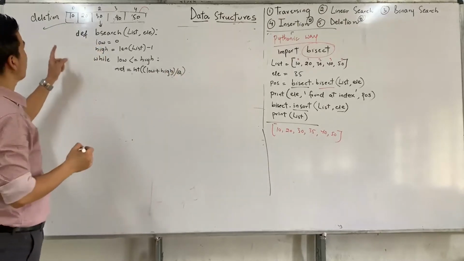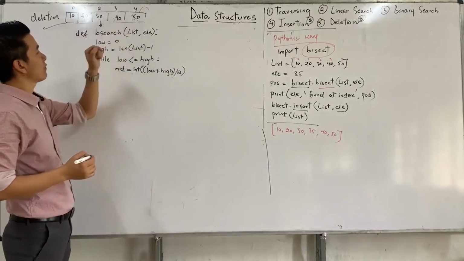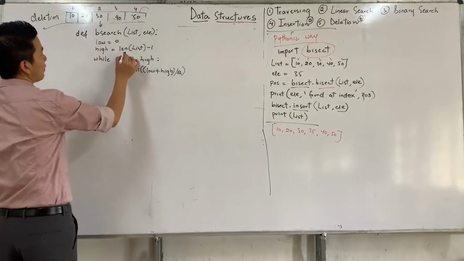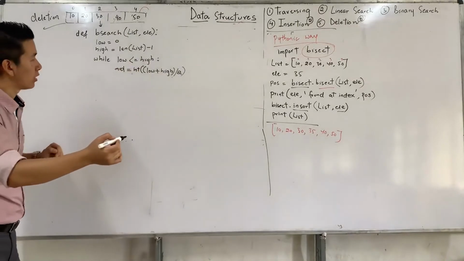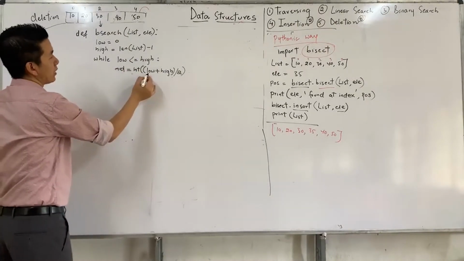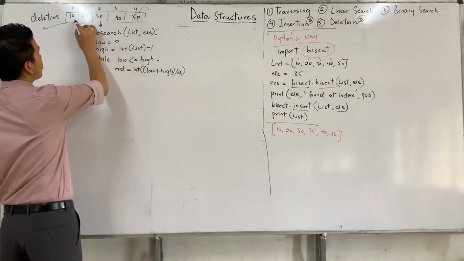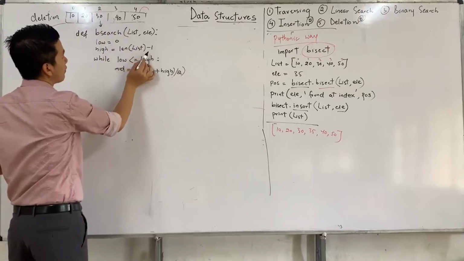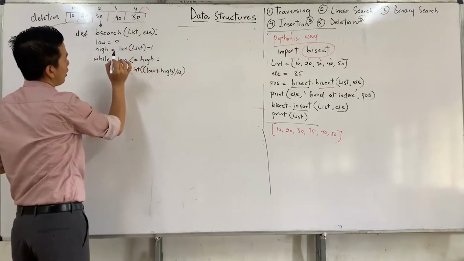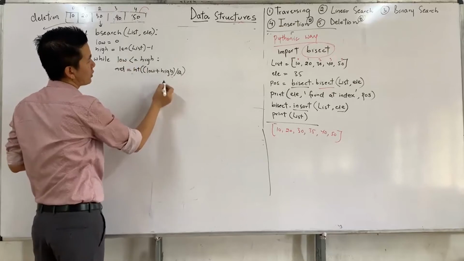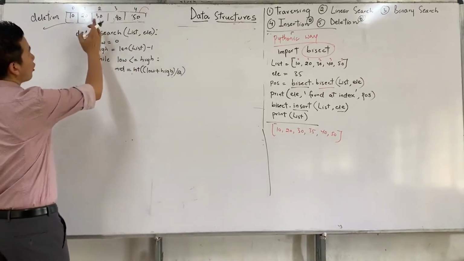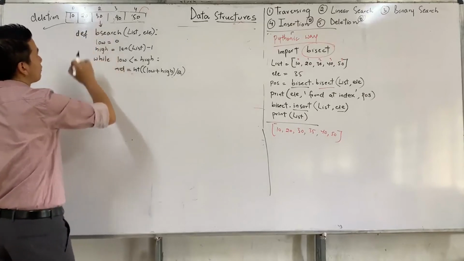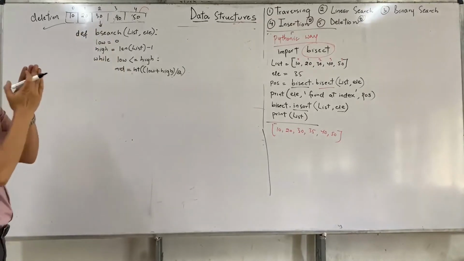So low is 0. High is length minus 1: the length is 1, 2, 3, 4, 5, and 5 minus 1 is 4. 0 plus 4 is 4, and 4 divided by 2 is 2. So you are pointing at the middle value, which is at index 2.